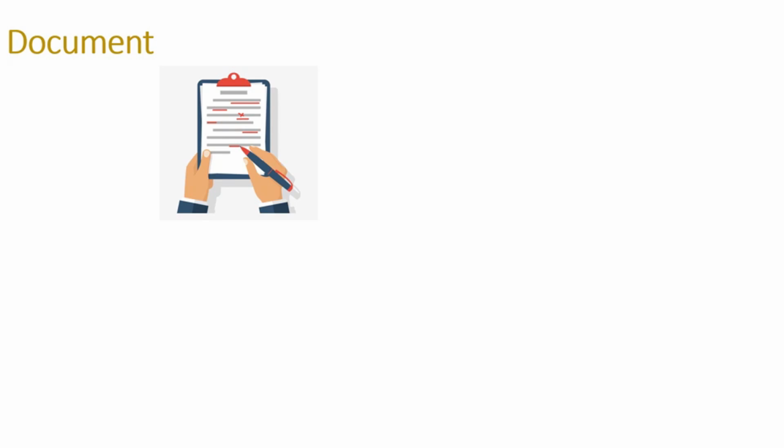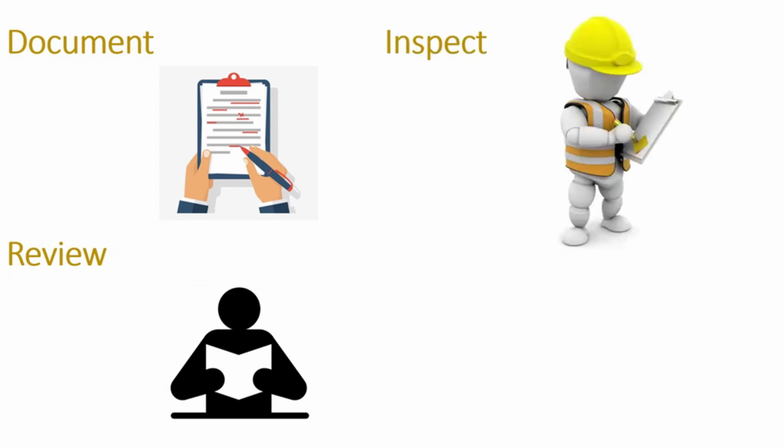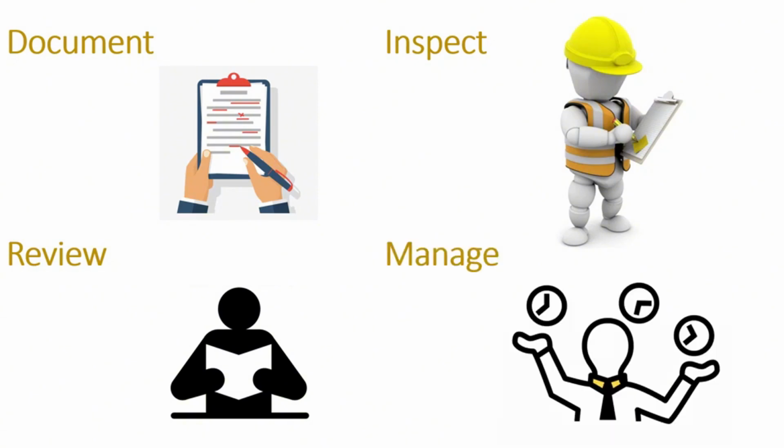The design basis for the entire relief system, going back to those first few steps, needs to be documented. Then all the design work that has been completed needs to be reviewed. During construction and final installation, the system needs to be inspected. And finally, the recommended testing and maintenance procedures need to be managed to ensure that they're properly implemented.